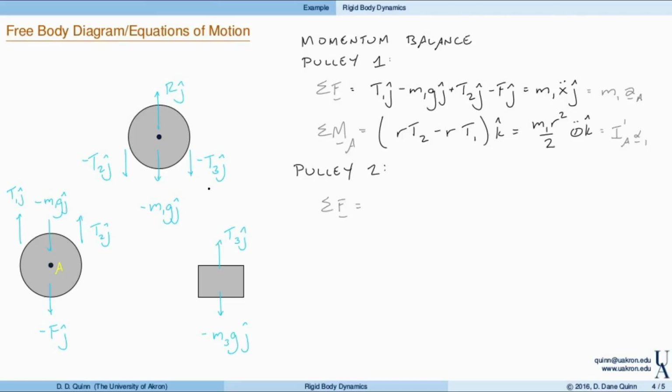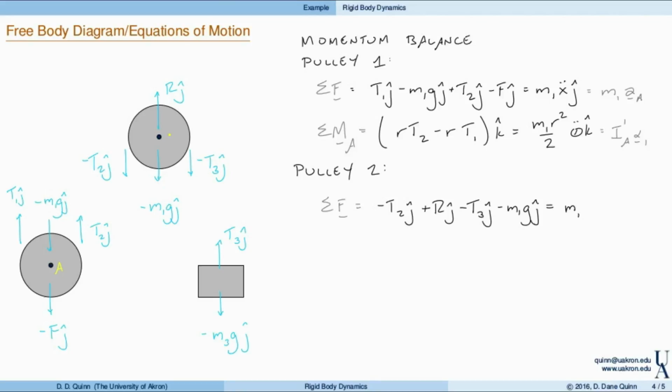All the forces acting on body 2, so that's minus T2 in the j direction, plus R in the j direction, minus T3 in the j direction, minus m1 g in the j direction, the weight, equals the mass of the object times the acceleration of the mass center.